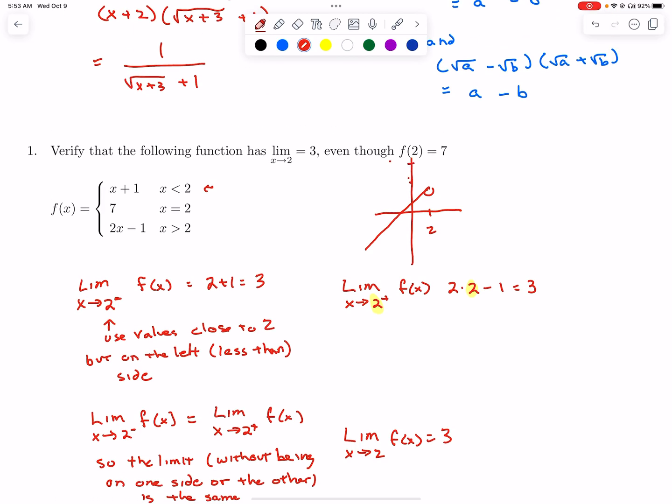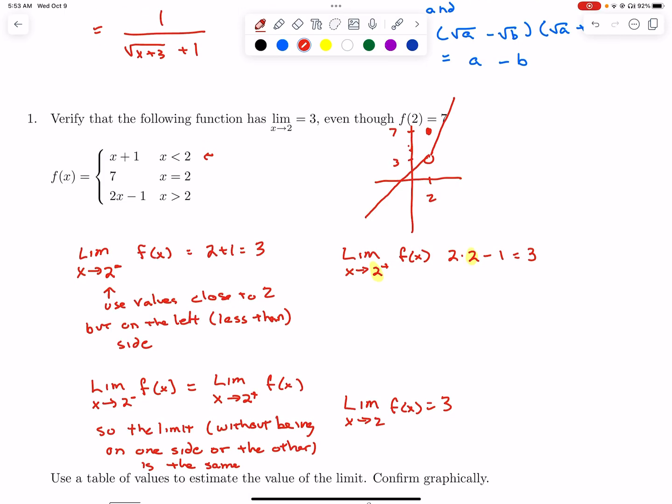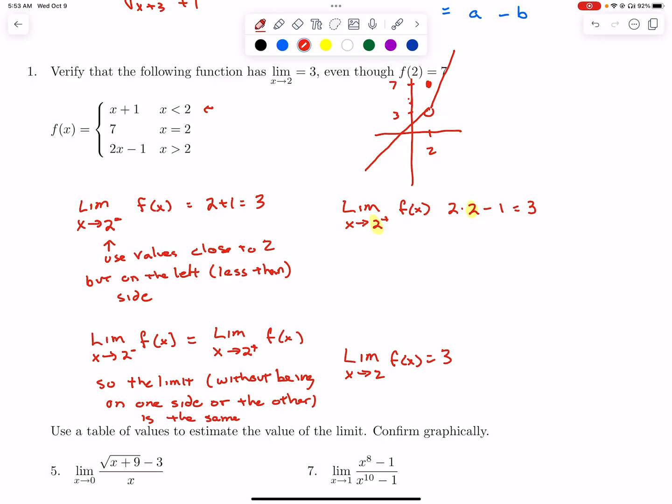You go up to 7, plant a single dot, and then you do 2x minus 1, which is a steeper curve, also has a height of 3. And so this piecewise function has just this place where it's a discontinuity, but it's called a removable discontinuity. Okay, so I'll write a little note.